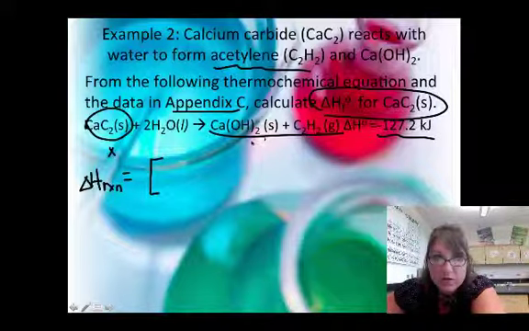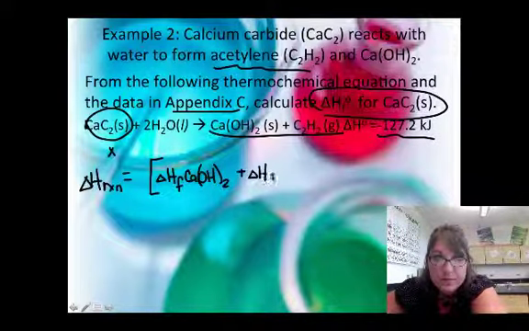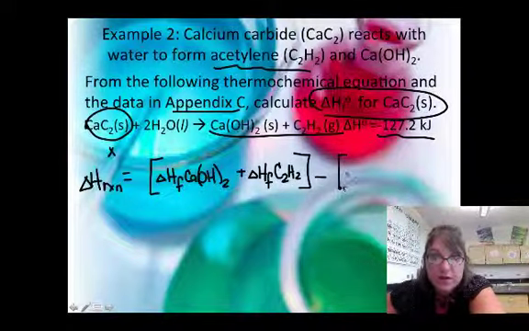So here's my products, right? So I need to find out the heat of formation of calcium hydroxide and what's my other product? Acetylene. And so we'll find the heat of formation for acetylene, and we take away from that the heat of our reactants.